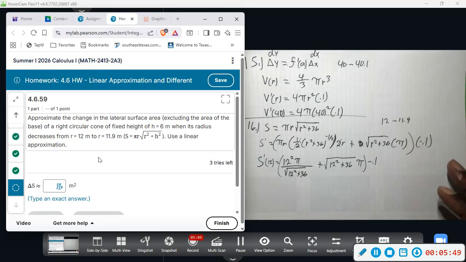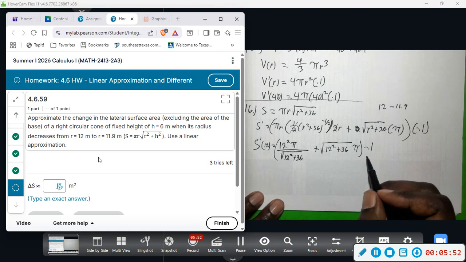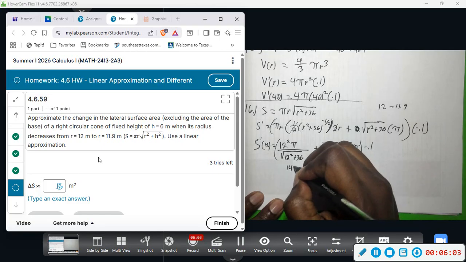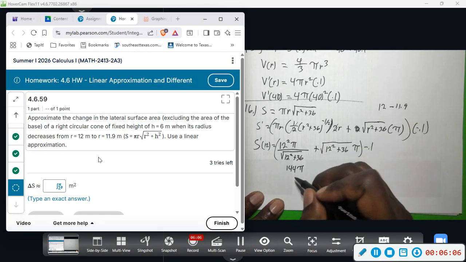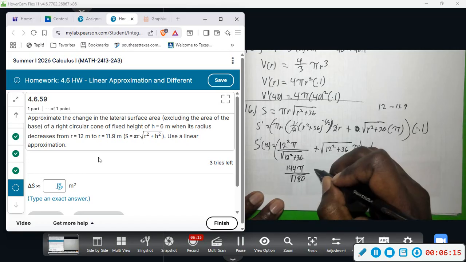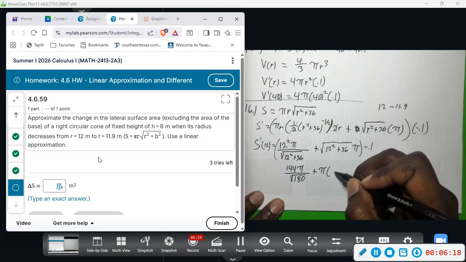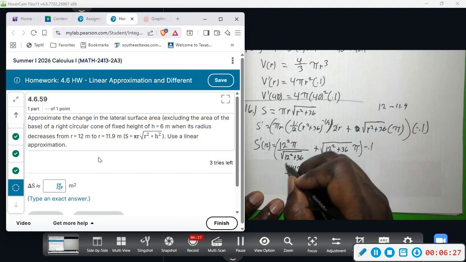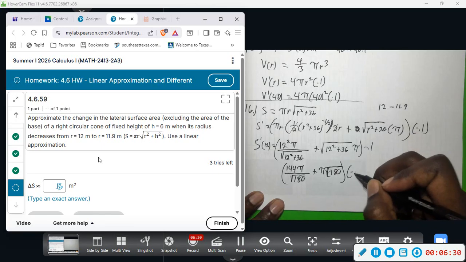And then we'll simplify one more small step, because again, I think we want an exact answer, so I'm not going to simplify these square roots. 144 and 36 gives us square root of 180, and so I'll write 144 pi divided by the square root of 180 plus pi times the square root of 180. So that's simplifying this part. And then all of this is times negative 0.1.